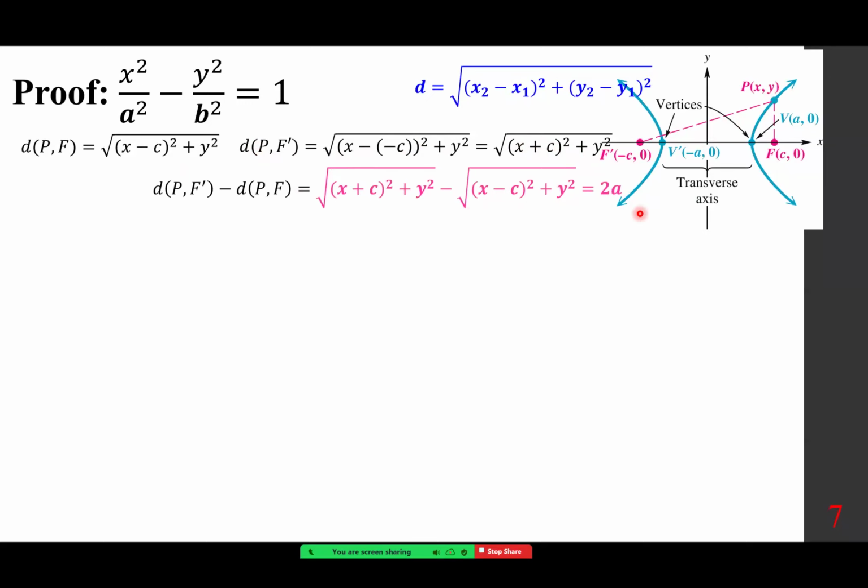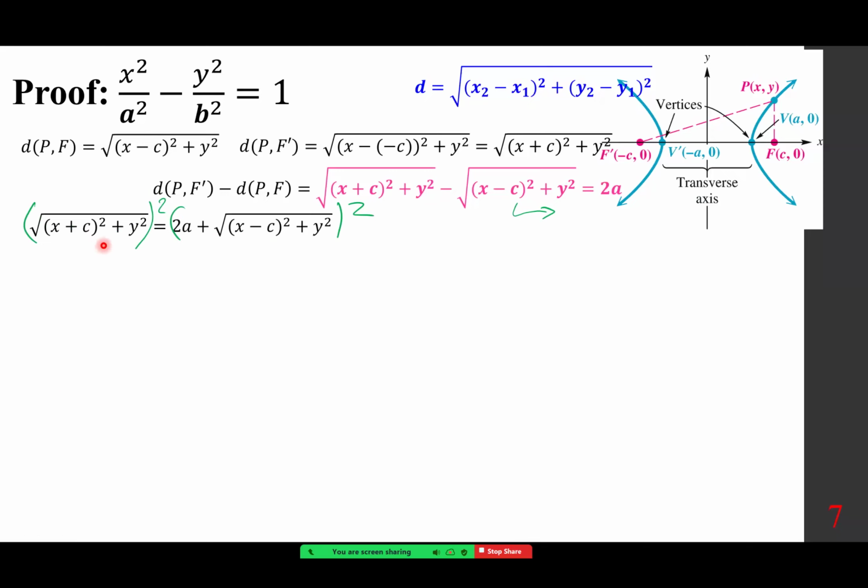This has a negative sign. We move it to the other side, everybody. It becomes positive. We are going to raise both sides to the power of 2.